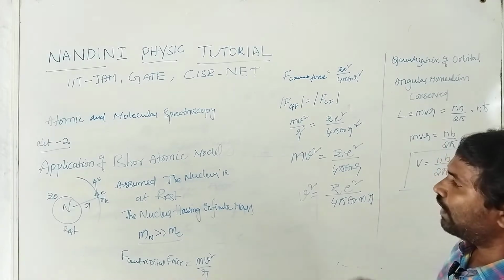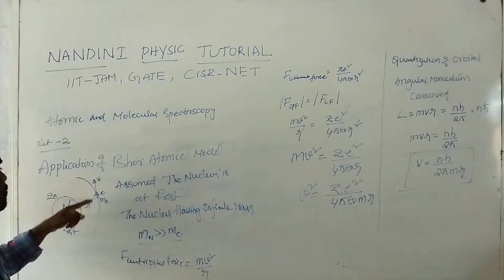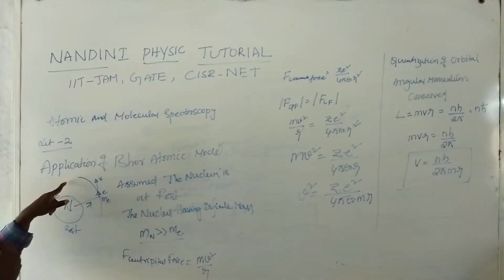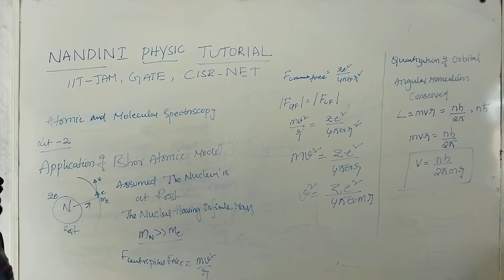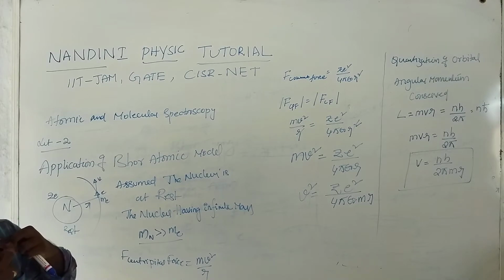So right now I proved the radius of the atom, velocity of the atom and energy of this atom by using hydrogen-like atoms or hydrogen atoms. Please note everybody, I'll move to the next concept.